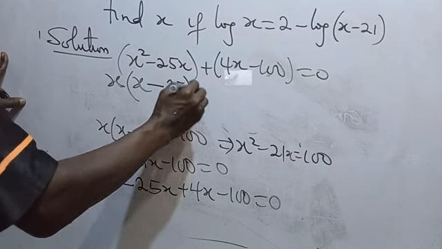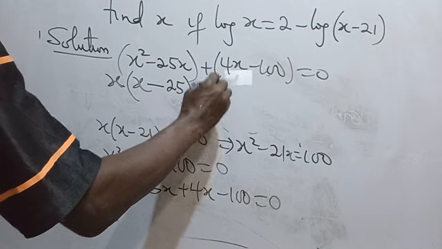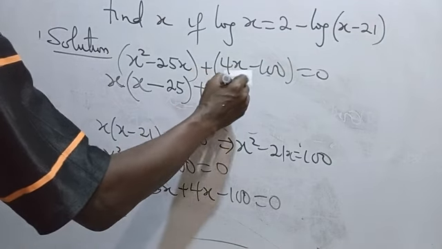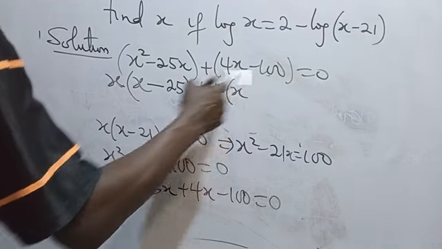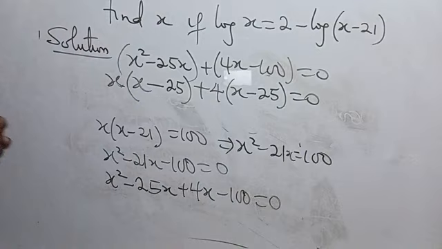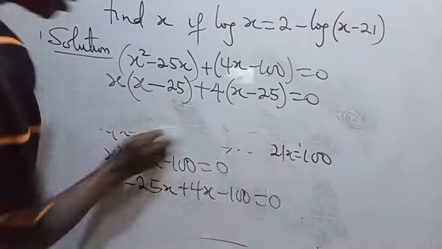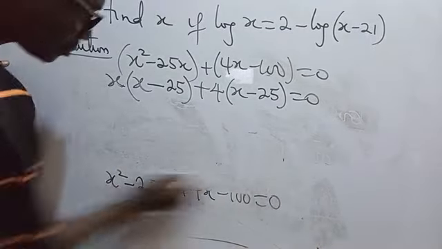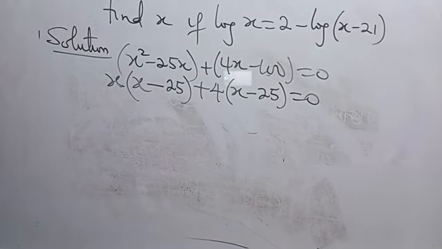Then, what is common here? 4 into bracket, you have x left, minus 25, is equal to 0. So, with this, we have simply factorized.